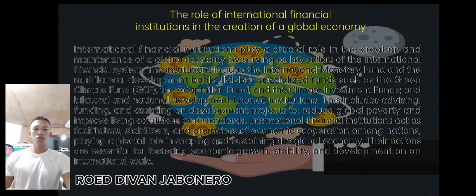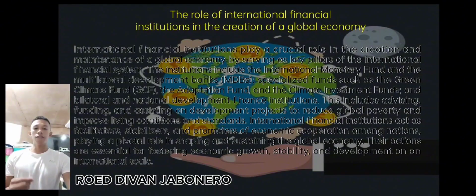The institutions include the International Monetary Fund and the Multilateral Development Banks or MDBs, specialized funds such as the Green Climate Fund or the GCF, the Adaptation Fund and the Climate Investment Funds, and bilateral and national development finance institutions.